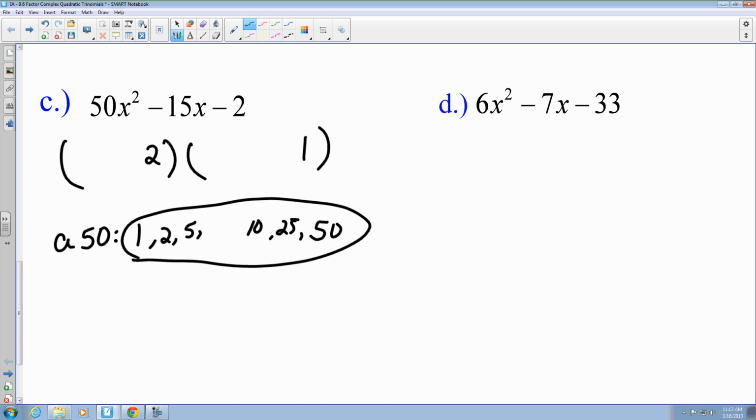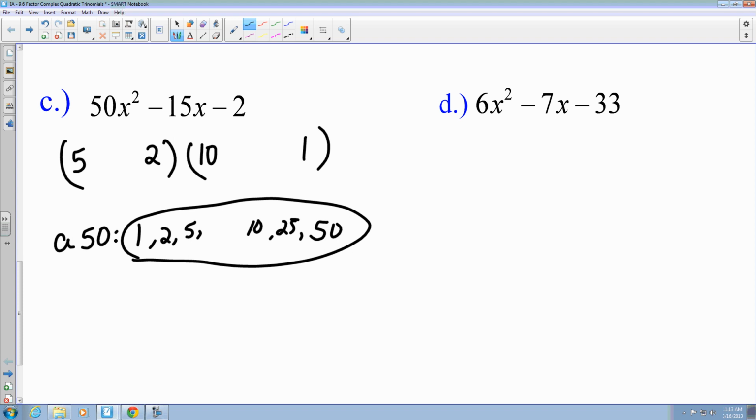So what I do now is I look at that negative 15, and I know it's going to be a difference, so I've got to figure out 2 values that are going to help me get that. So let's say I go 10 here and 5 here. So the 2 times 10 is going to give me 20. And then the 5 times 1 is going to give me 5.